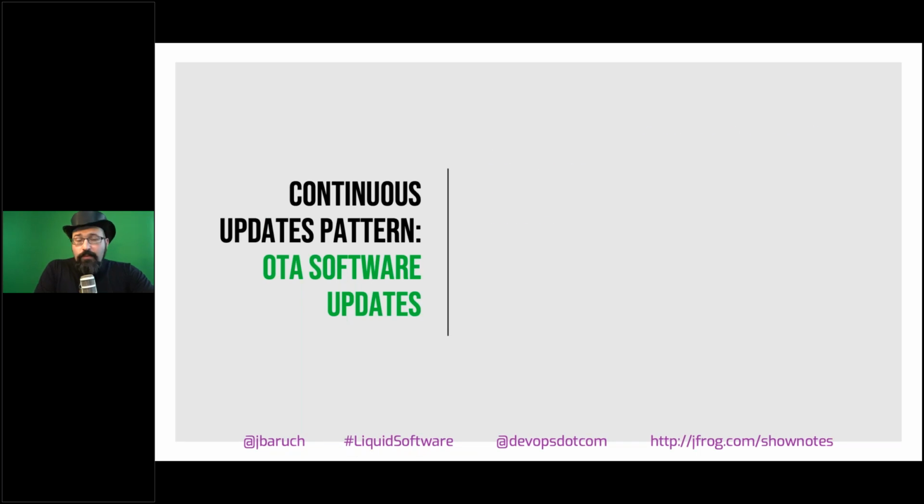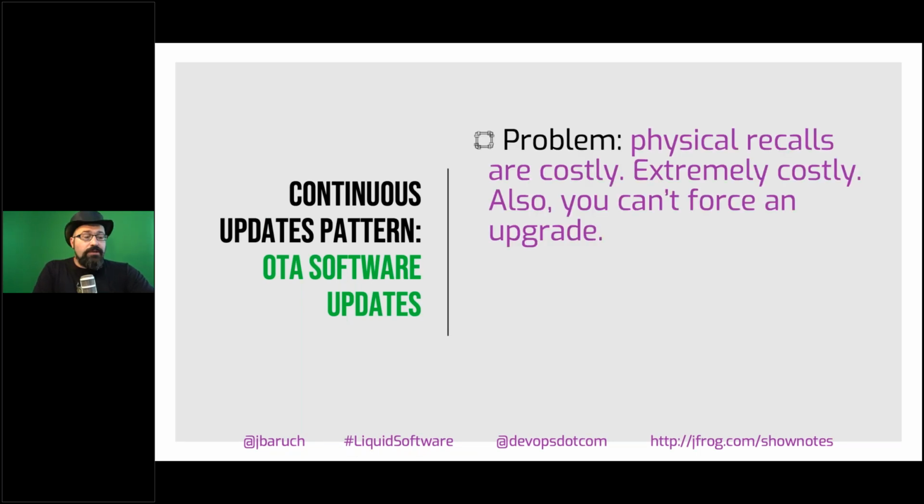And the problem with that, first of all, it's costly. It costs a lot of money to recall the cars, but also you cannot force it. And probably to fix the brakes, you want to force this update, but you really can't. What you can do is send them the recall notice in a red envelope written with caps. That's the worst case you can do.